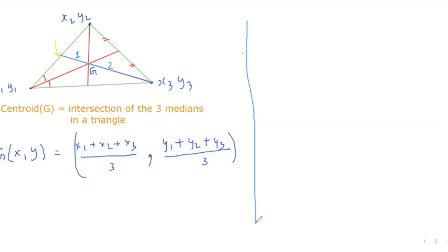There it is. Exercise 13B, did you say, or A? Yes, sir. A 24. Okay, yeah, got it.